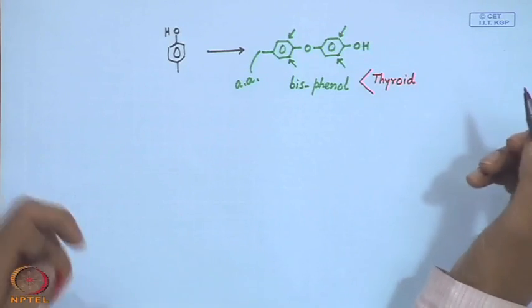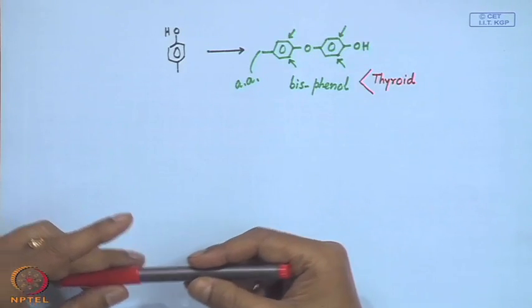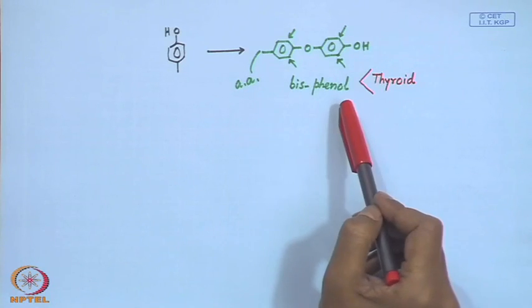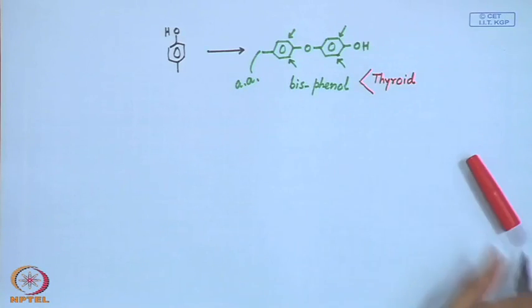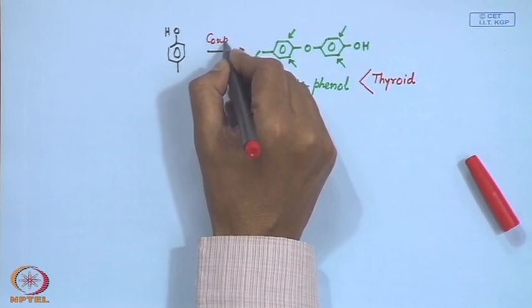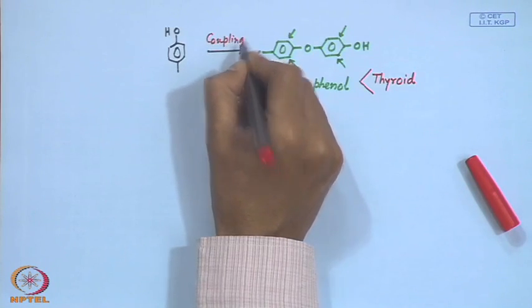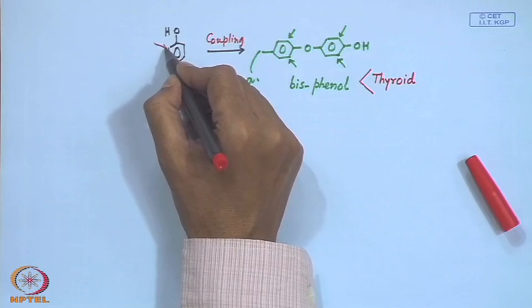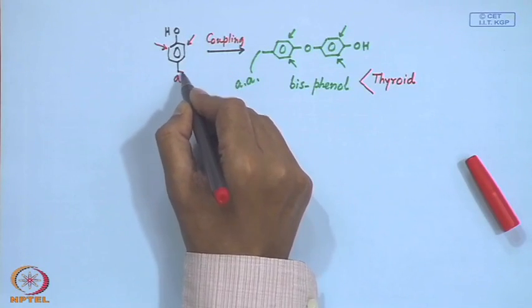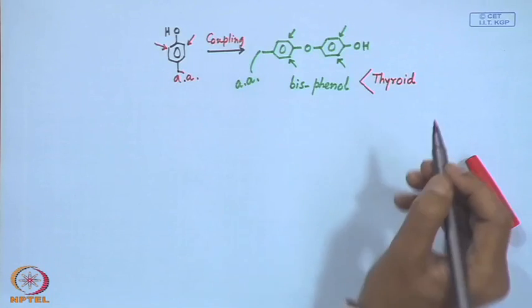So, the thyroid gland is responsible for this particular phenol-phenol coupling reaction to give us the bisphenol unit. This phenol-phenol coupling reaction takes place when we have the iodinated form on the amino acid substituted part.